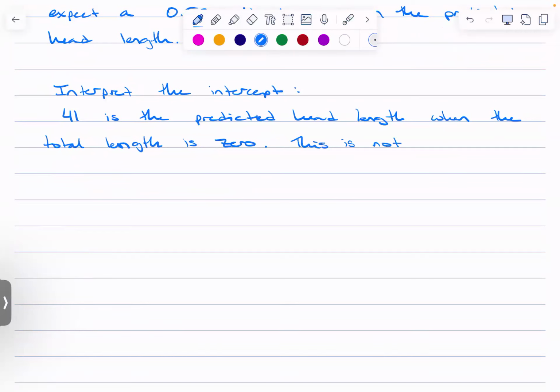This is not meaningful. Since the total length can't be 0, right? You want to relate it back to the x being 0. This is not meaningful since the total length can't be 0.